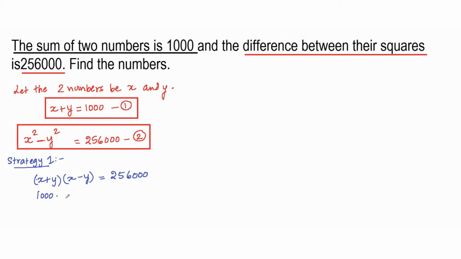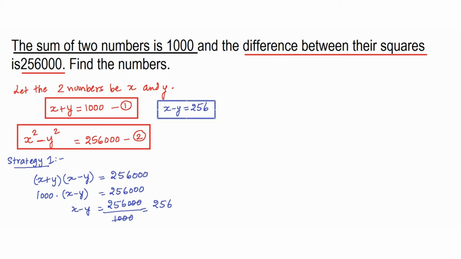So 1000 multiplied by x minus y is 256,000, which means x minus y would be 256,000 divided by 1000. And now the three zeros cancel, so I get 256, which means my third equation is x minus y is equal to 256. Right? This is my third equation.